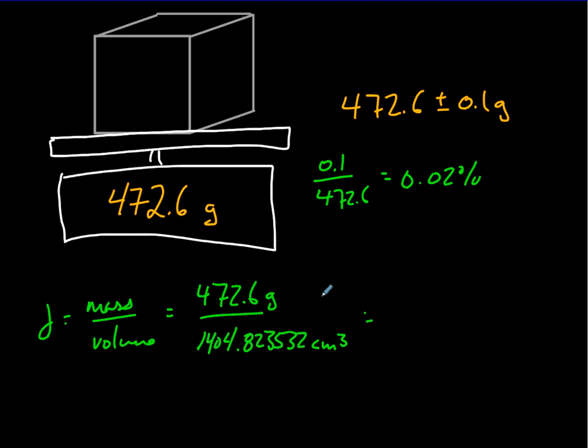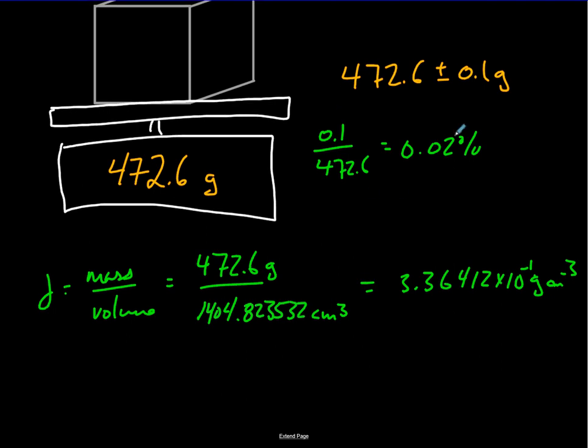So you get something like 3.36412 times 10 to the negative 1 grams per cubic centimeter.